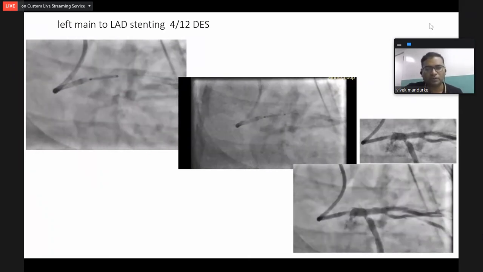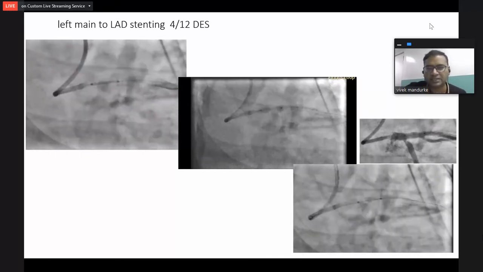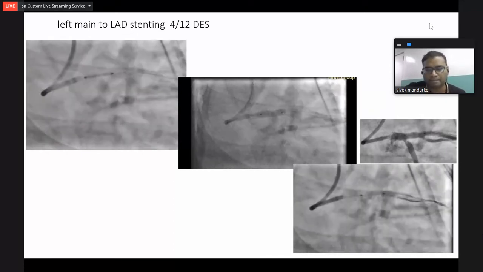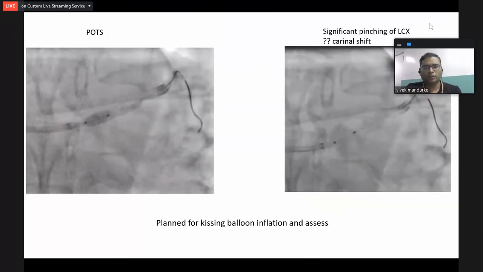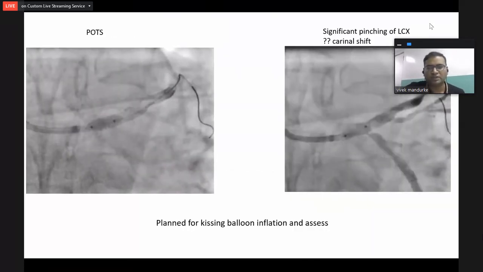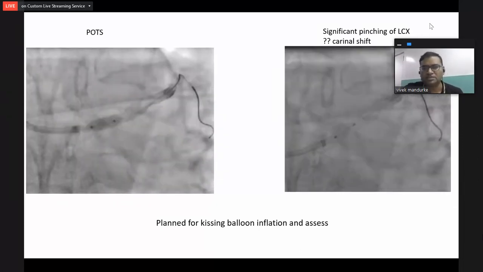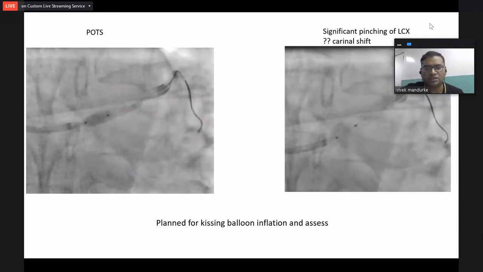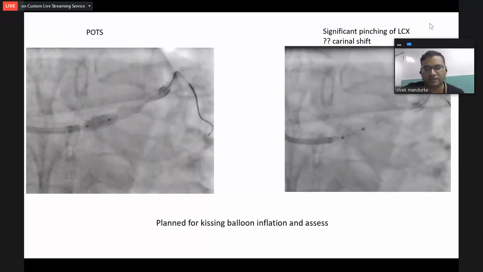After putting this 4x12, we noticed that there is pinching of circumflex. So with a 4.5 millimeter balloon, we did a spot dilatation, and we thought that this may be the carinal shift because there was no significant lesion at the ostial circumflex.